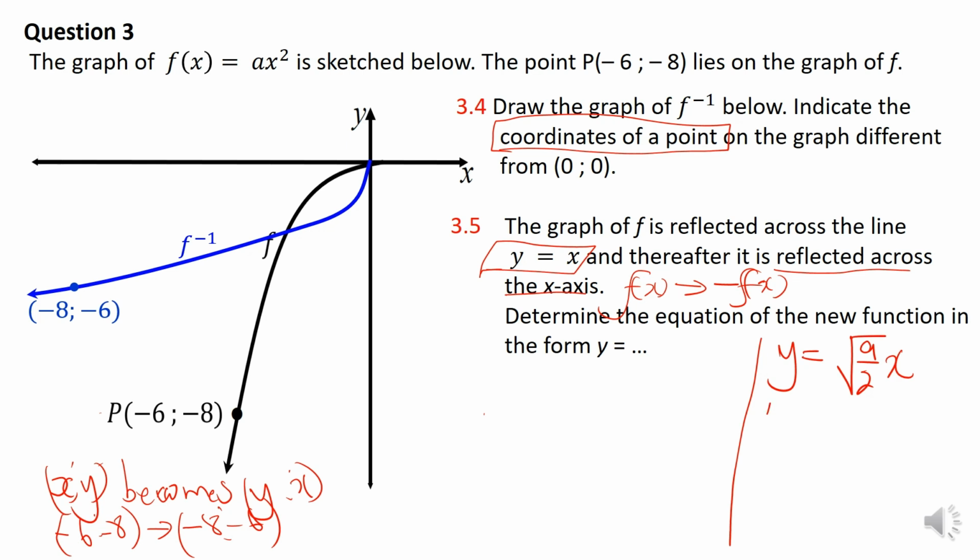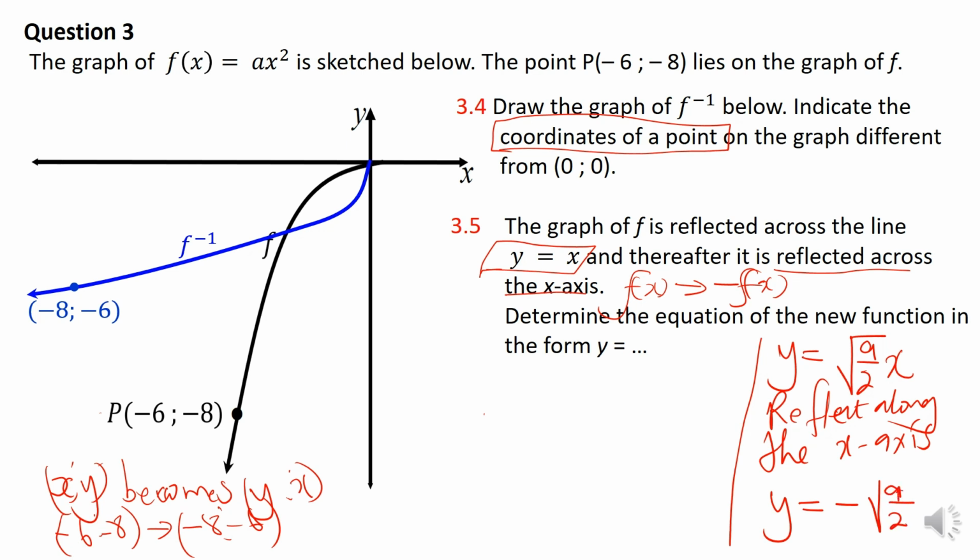So if I reflect this one along the x-axis, then the reflection along the x-axis changes the signs of the terms in the equation. There is one term only in this equation, so that one term will change from positive to negative. The square root of 9 over 2x will become negative square root of 9 over 2x. That will be my answer for number 3.5.